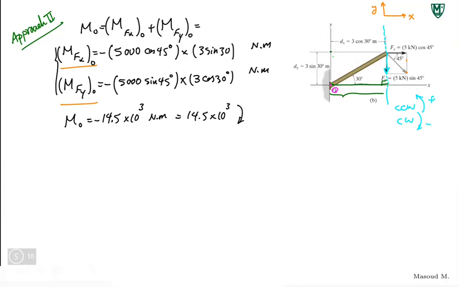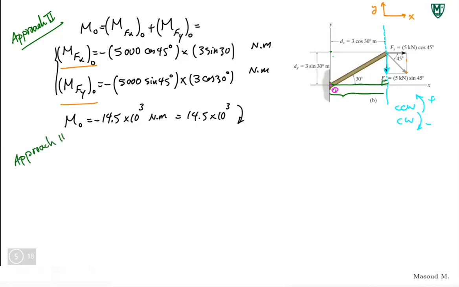Found the values by multiplying the force magnitude in that direction and the perpendicular distance for each one. There is a third approach that is still principle of moments, but decomposing the forces can be done along different axes.